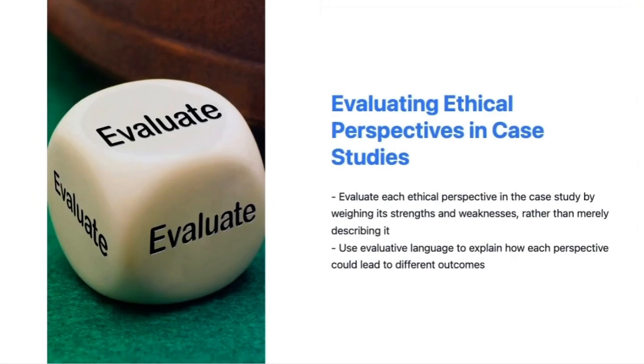Now, when you're making your judgments, it's important to go beyond just outlining what each ethical perspective is about. You'll want to weigh up their strengths and weaknesses in the context of the case study. Use evaluative language, things like particularly effective, potentially problematic, or significantly influential, to show how each perspective might lead to different outcomes.